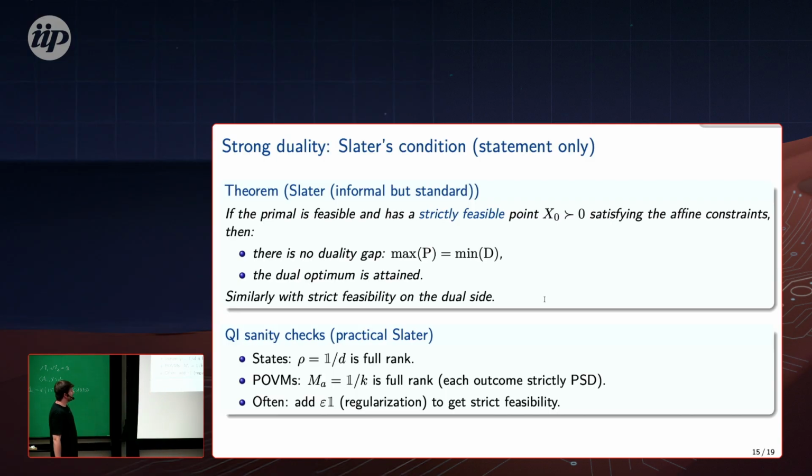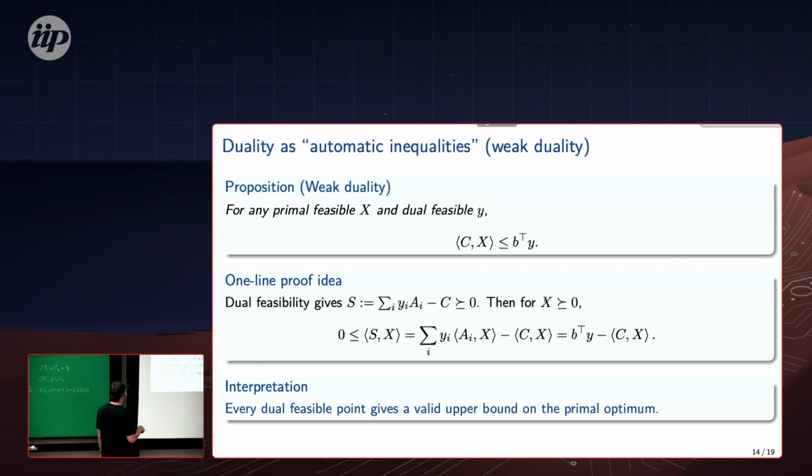And it tells you that if you have a strictly feasible point, by which I mean a full rank, strictly positive matrix x0 that satisfies all the constraints, then there is no so-called duality gap. By duality gap, people just mean the difference between the maximum over x and the minimum over y.